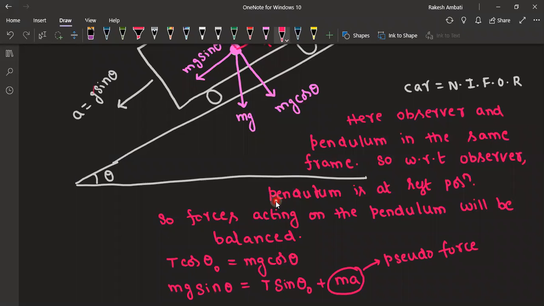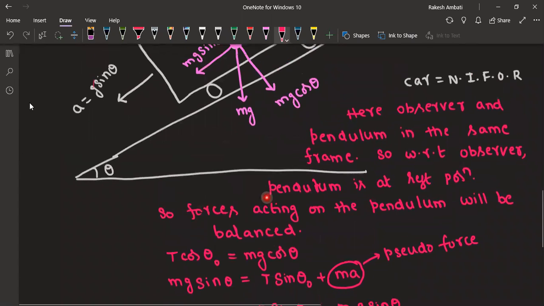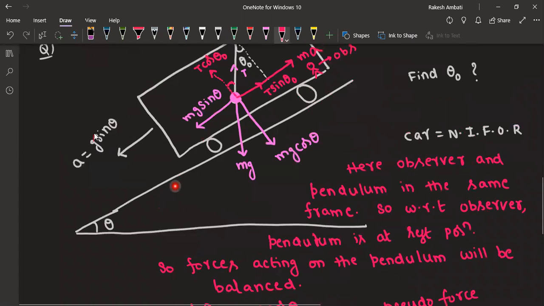Therefore, mg sin theta equals T sin theta naught plus M times A, where A is the acceleration of the non-inertial frame, given in the question as g sin theta.